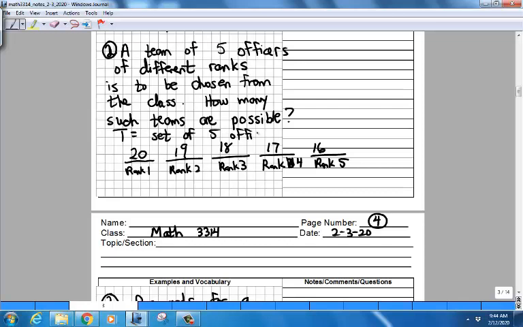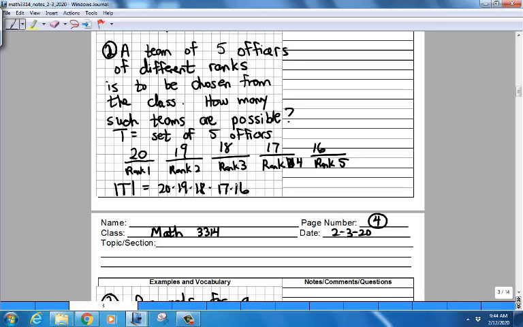So there's our set of 5 officers, and we know that the size of T is 20 times 19 times 18 times 17 times 16, whatever that number is, because that's the number of ways you can execute the algorithm to build the team.